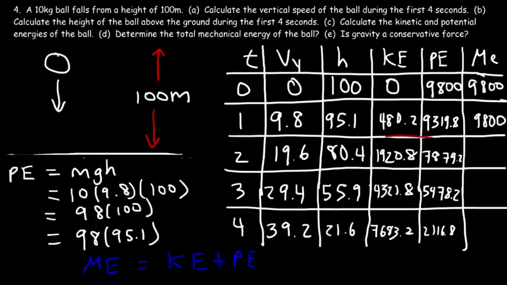And then if we add those two values, so 1920.8 plus 7879.2, you still get 9,800. And then 4321.8 plus 5478.2, and I think you see the picture. Now, just to make sure everything is correct, I'm going to add the last one as well. Make sure I didn't miss anything.